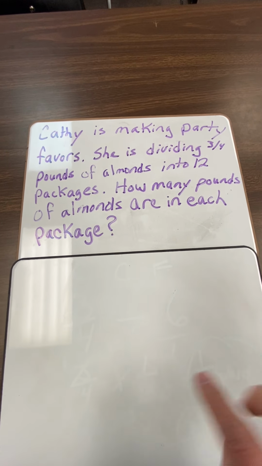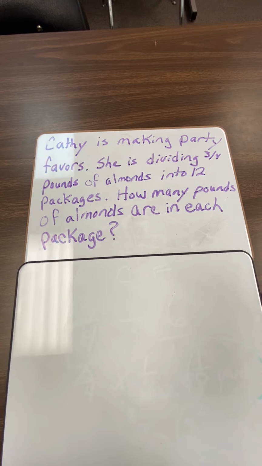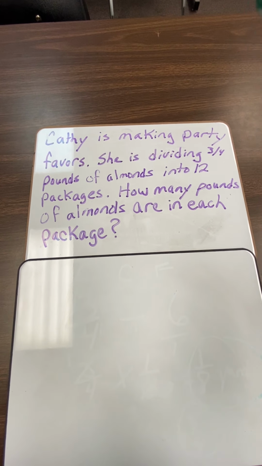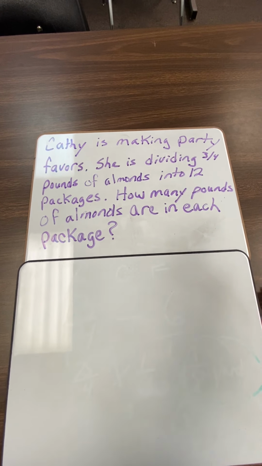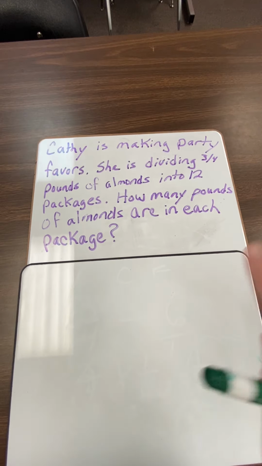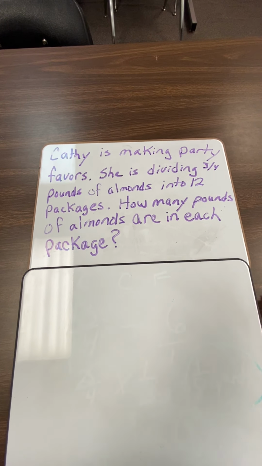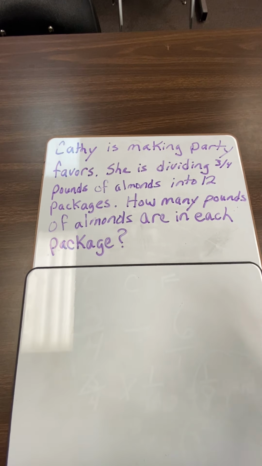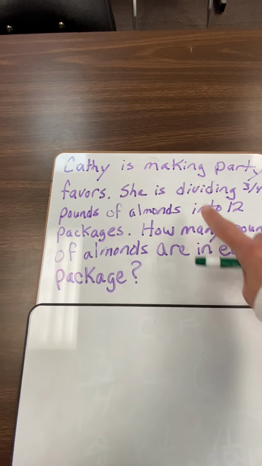Okay, let's look at the problem again. Kathy is making party favors. She is, keyword, dividing 3/4 pounds of almonds into how many packages? 12 packages. How many pounds of almonds are in each package? So we know our answer is going to be smaller than 3/4 because 3/4 pounds is what she has to start with.